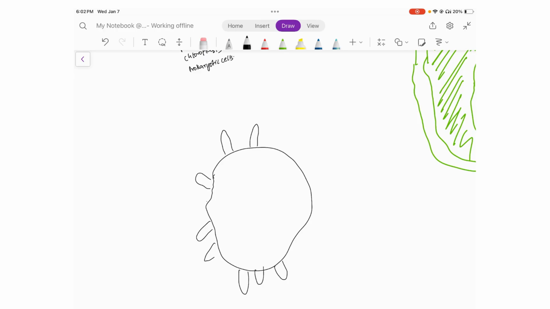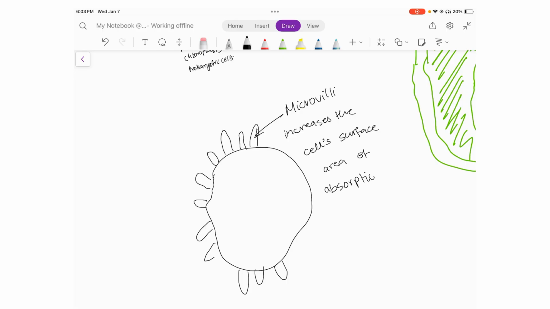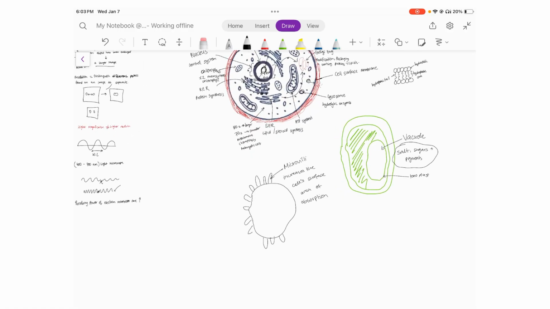And what this does is it increases the cell's surface area of absorption. Right.